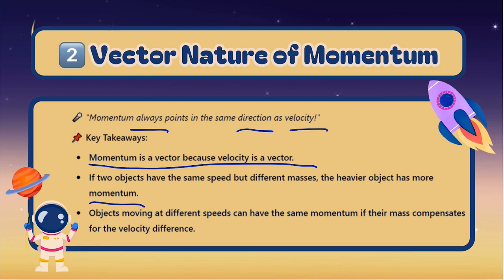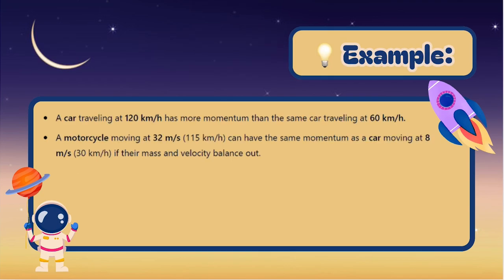So the heavier the object, the more the momentum. Now, objects having different speeds can have the same momentum if their mass compensates for the velocity difference. Right. Perfect. And then now, here are a few examples that I've put for you.